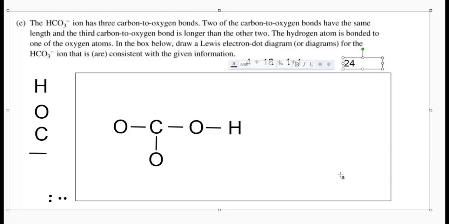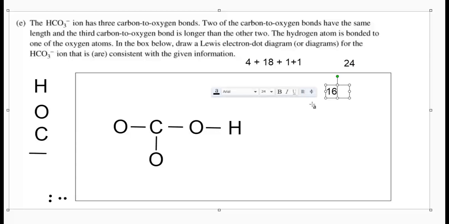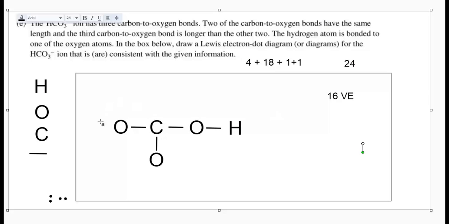Now, we've already put some electrons in. We have 1, 2, 3, 4 pairs of electrons. 8 electrons out of these 24. So 24 minus 8 gives us 16 valence electrons to distribute. So we're going to have to put in 16 more by completing the octets of these surrounding atoms, except of course for hydrogen.